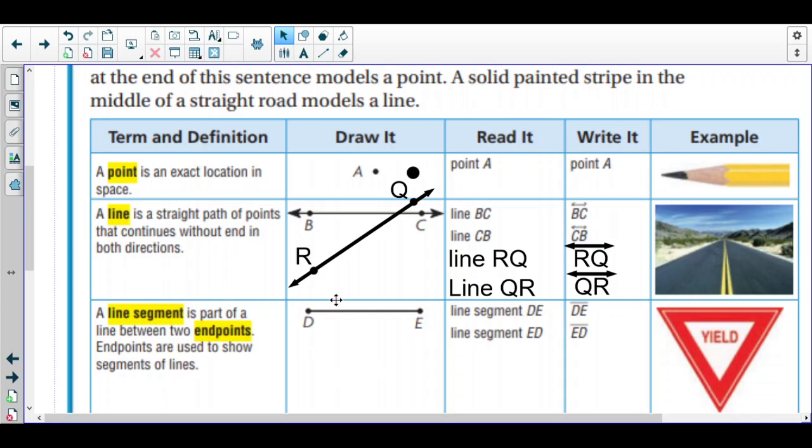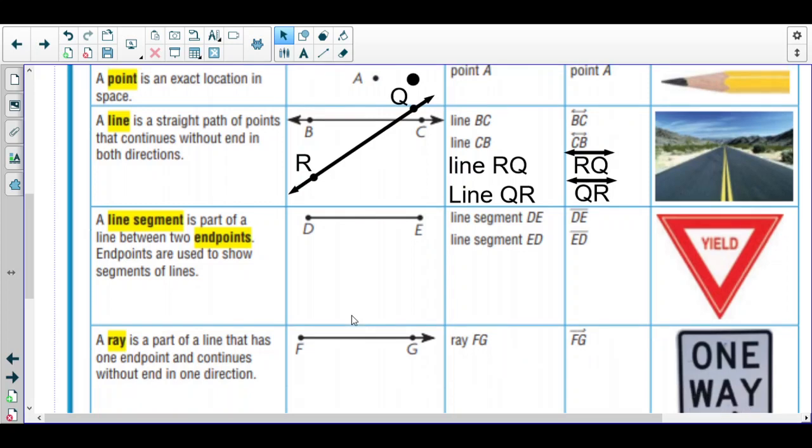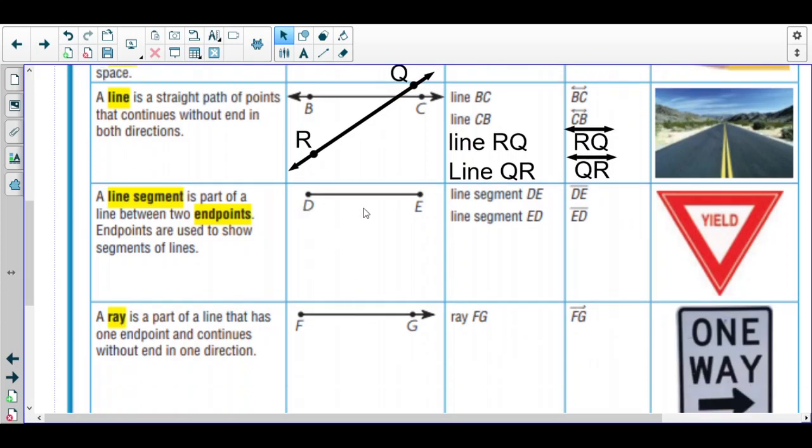Same thing goes for the line segment. We would say line segment DE or line segment ED. We would use these symbols. And let's get another line segment here. You know what?